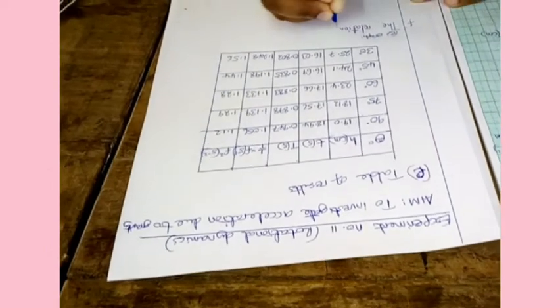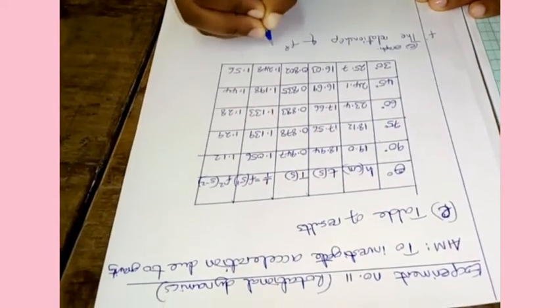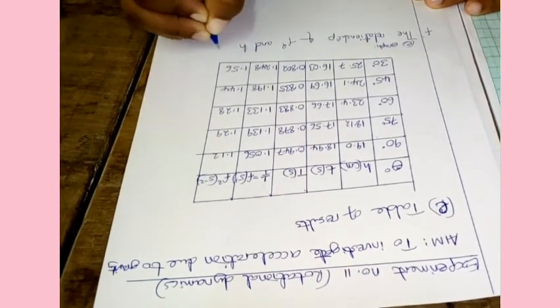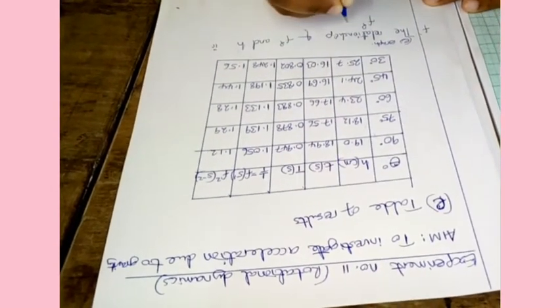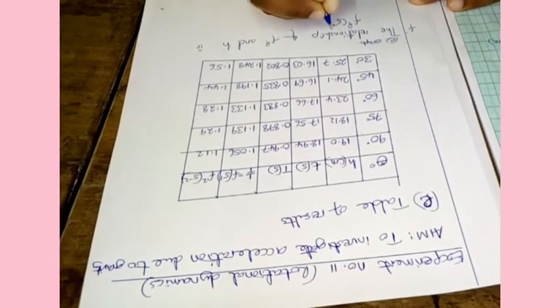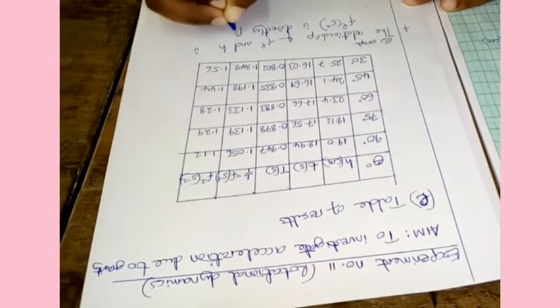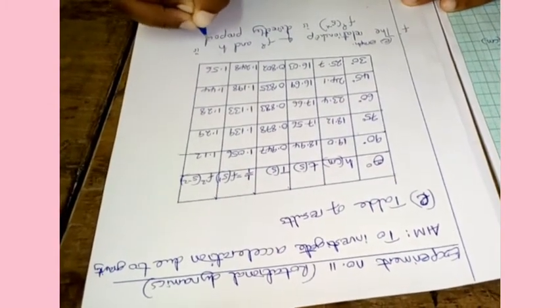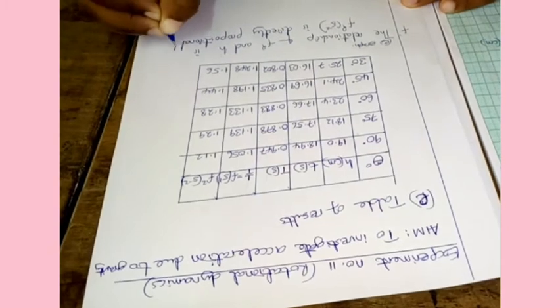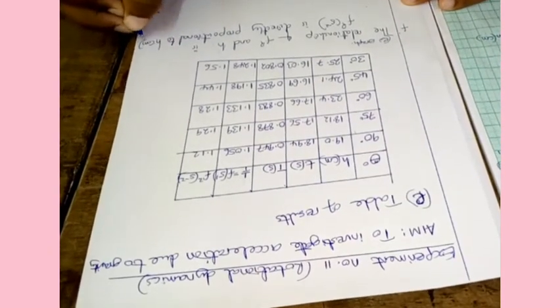The relationship of f square and h is f square in terms of second per second square is directly proportional to h ambayo ni height yetu in terms of centimeter.